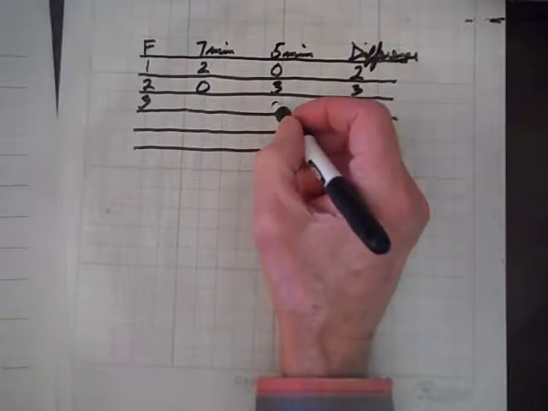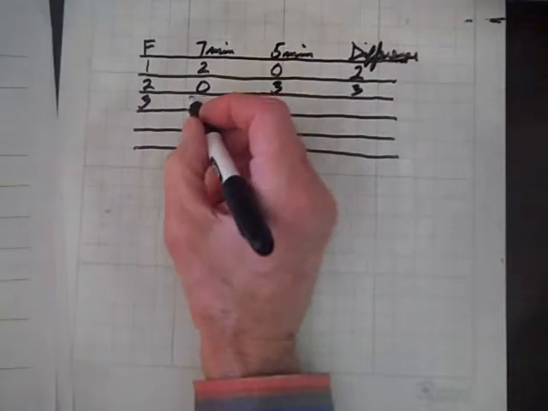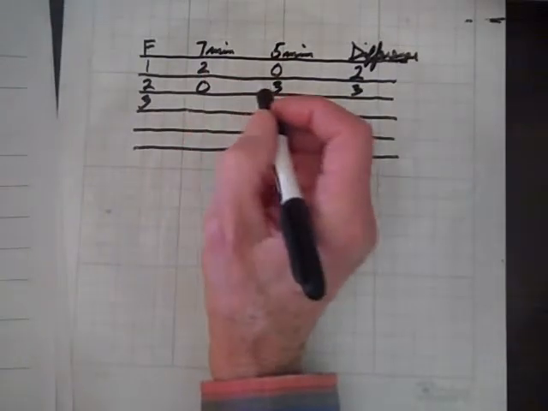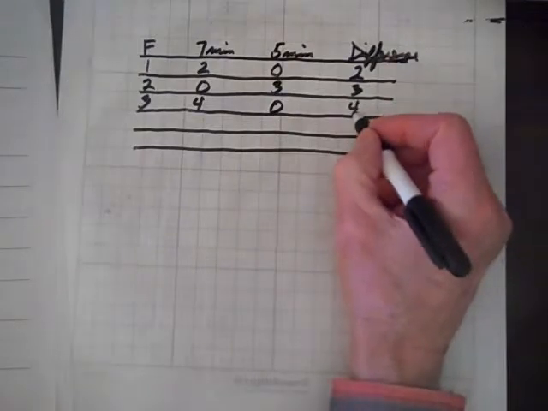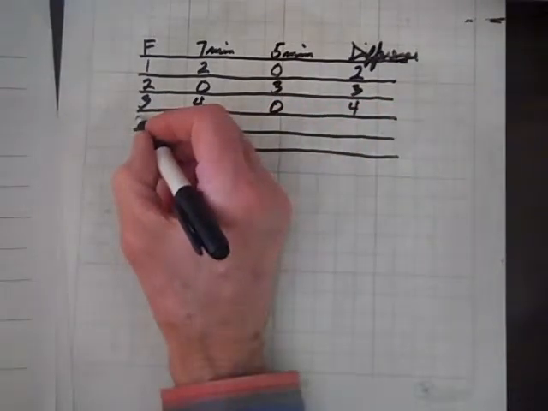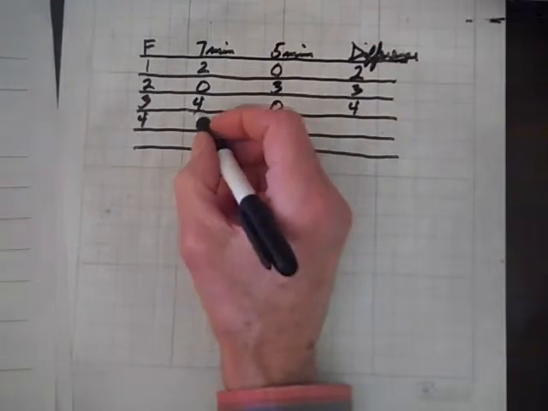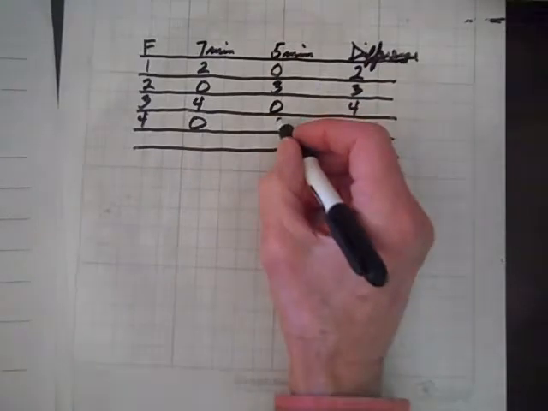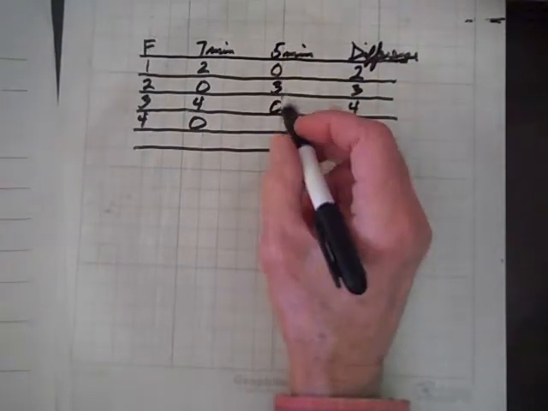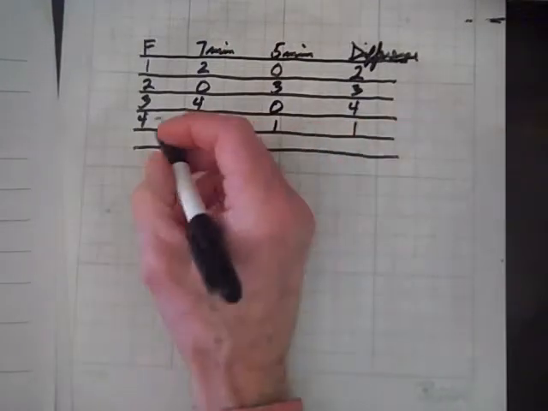And when we flip this, the 3 minutes will run out, and so 7 minutes minus 3 minutes is 4 minutes, and our difference will be 4. So for 4, now we'll flip them both again, and when this runs empty, we'll have 5 minutes minus 4 minutes, 1 minute remaining, and the difference is 1.